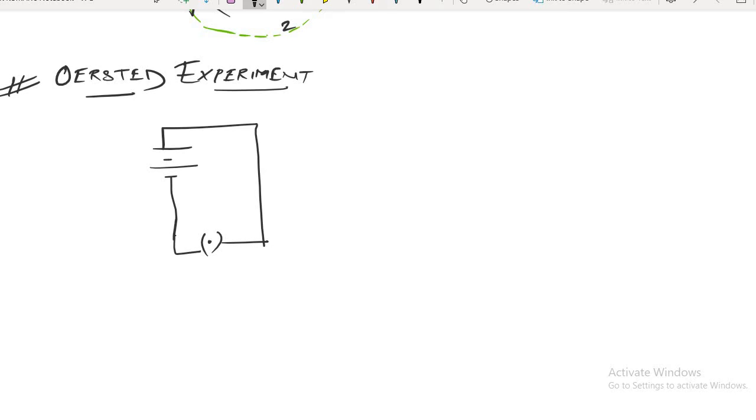So, I have drawn here one battery. This is a battery. Yes or no? And this is a switch. All right. Let me take this line with a different color. Okay. Then you will understand what I am trying to mean.